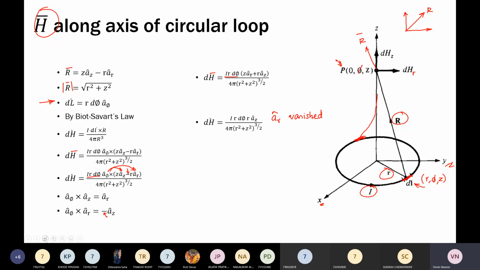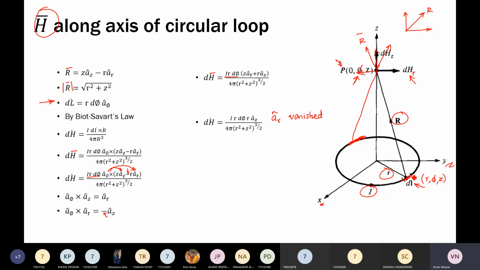This will also have its vector going towards point P. So we will have the vector due to this dL bar present at the opposite side. For this one also there will be a dH z component, and also a radial component.